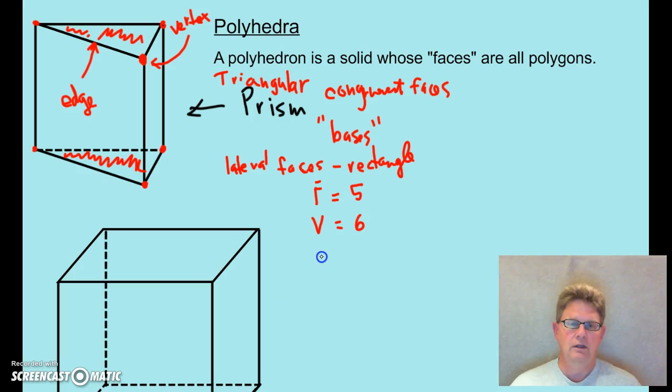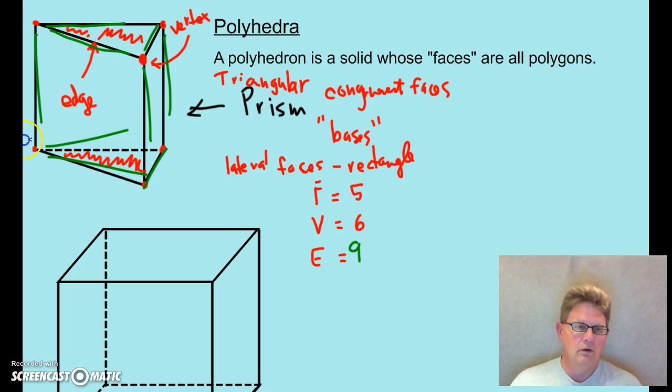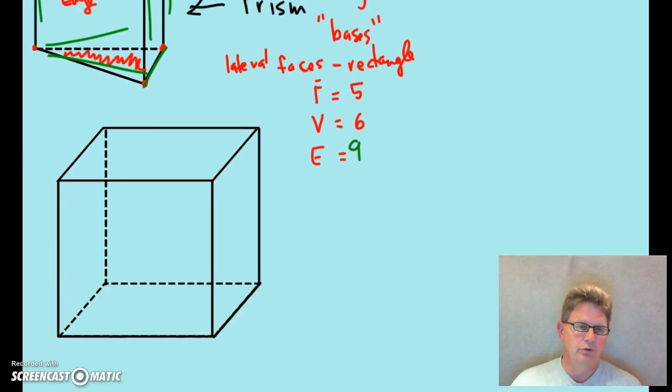And how many edges does it have? Okay, we'll do those in green. 1, 2, 3, 4, 5, 6, 7, 8, 9 edges. It's got 9 edges.